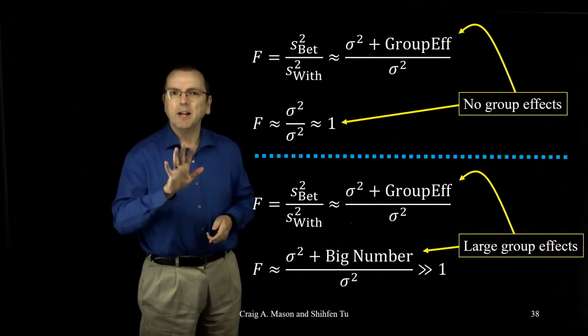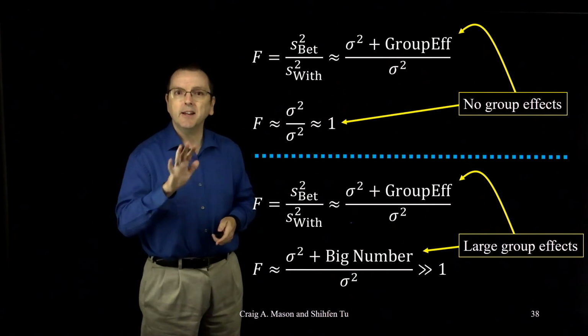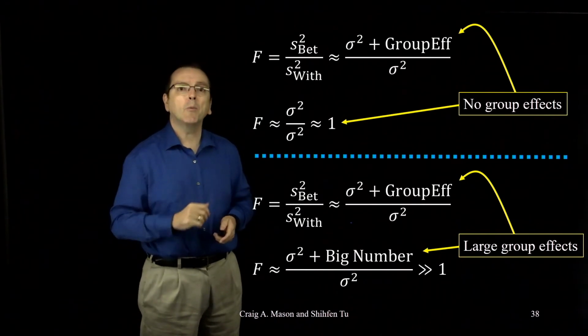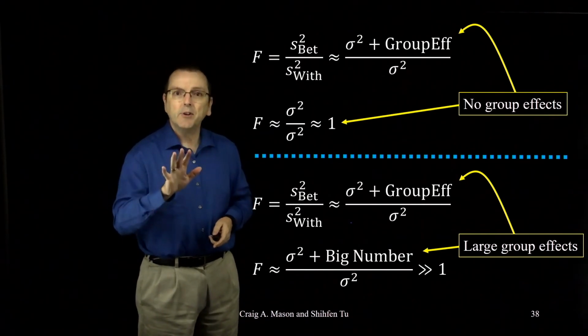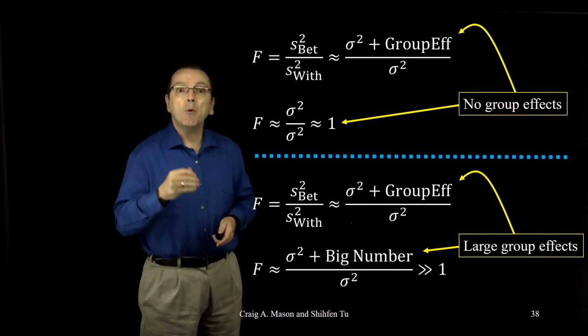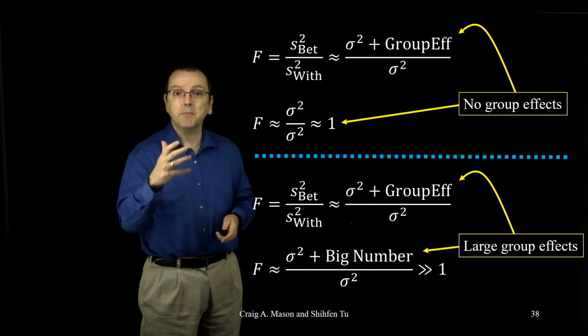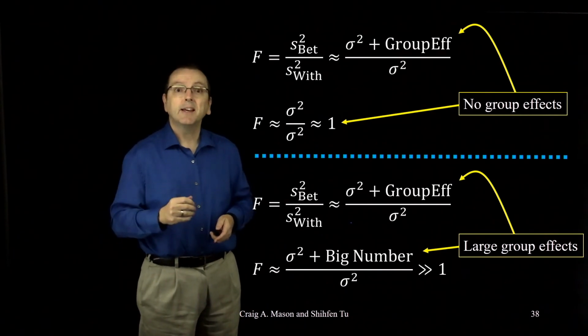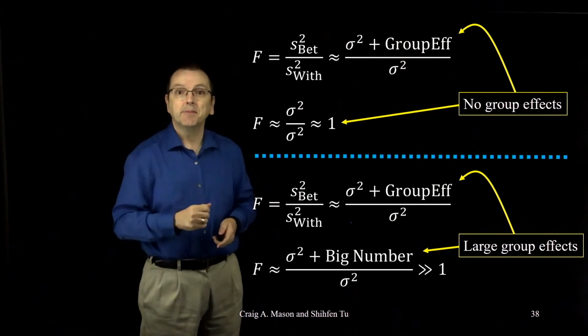Now, a couple of things to recognize and remember as you're doing a one-way ANOVA. First, remember that both the variance within and the variance between, sigma squared in both of these is being estimated.